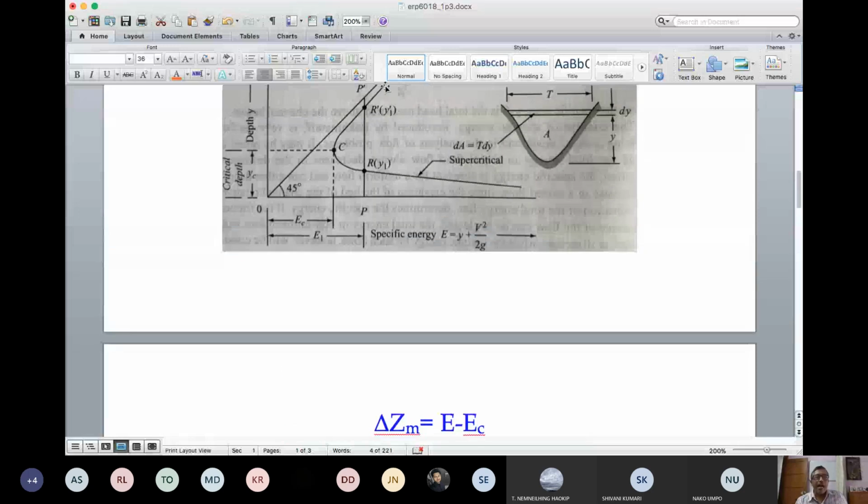But for the particular discharge under consideration, EC is the minimum specific energy. So downstream just EC will be maintained, and whatever the shortfall is will be provided by an increase in the specific energy upstream.